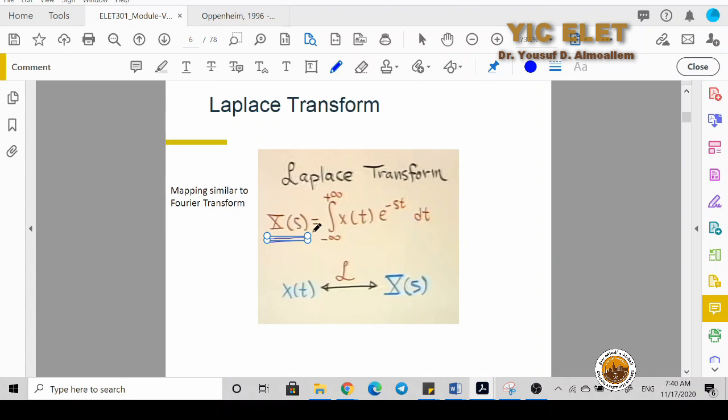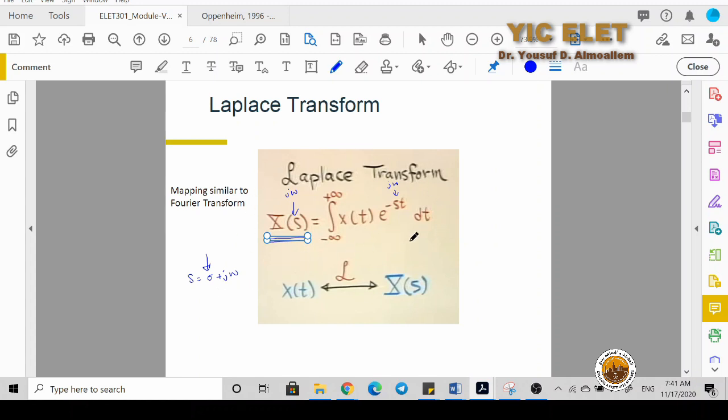The main difference here is just replacing the j omega with s. So we let s equal sigma plus j omega, and simply we add this real part in our factor.